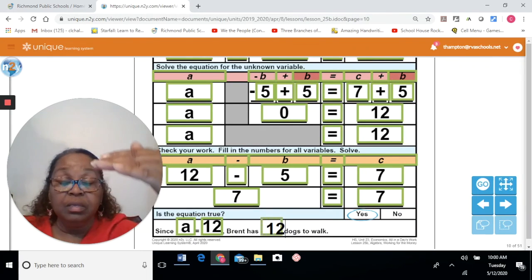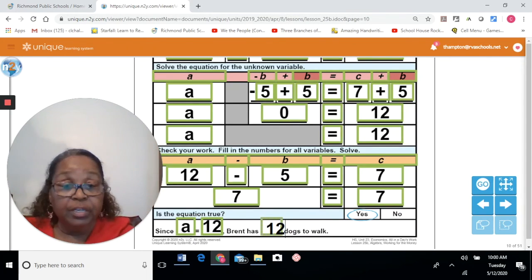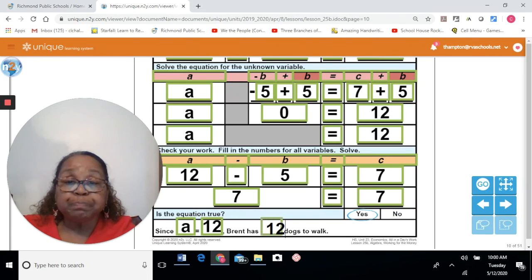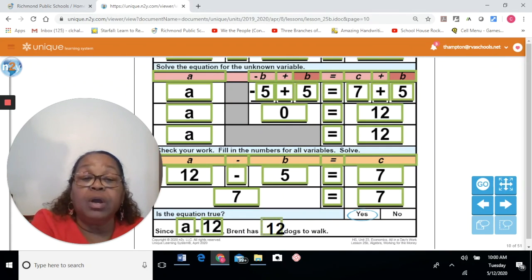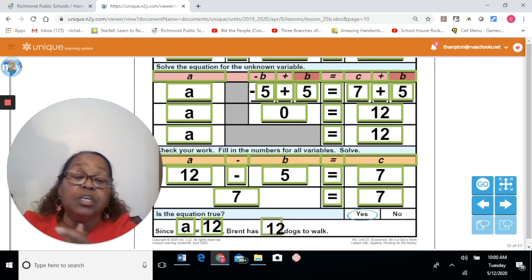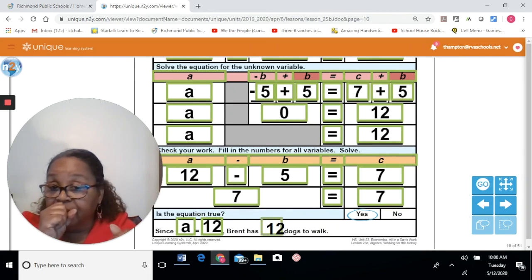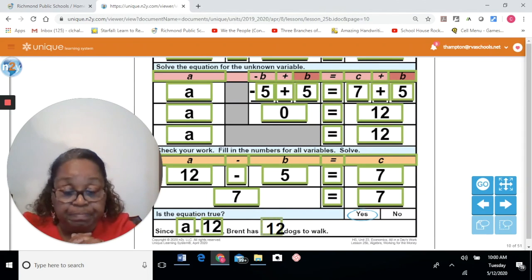But when you're doing it manually and you follow each step by step, you should get the right answer. Remember that if you add or subtract on one side of that equal sign, you have to do the same number added or subtracted from the other side of the equal sign. If you do that, you will always get it correct.